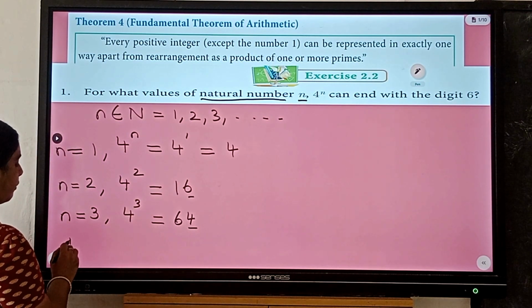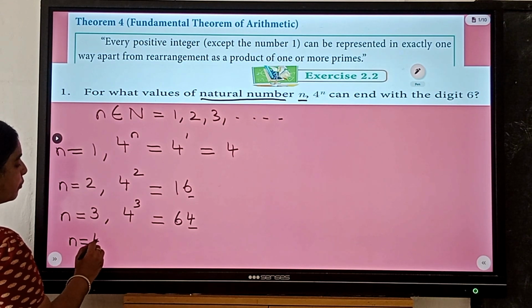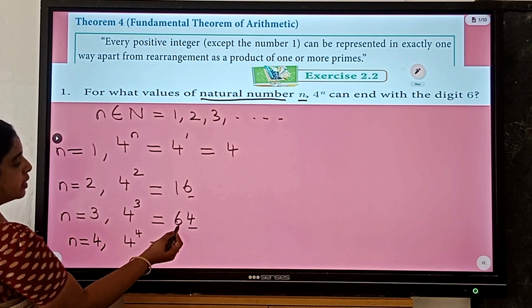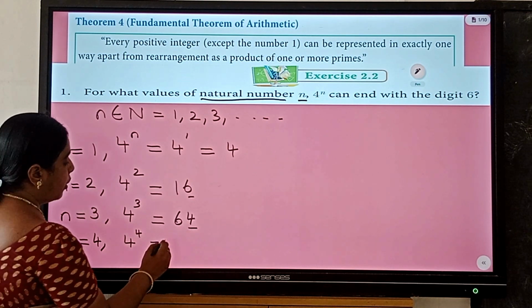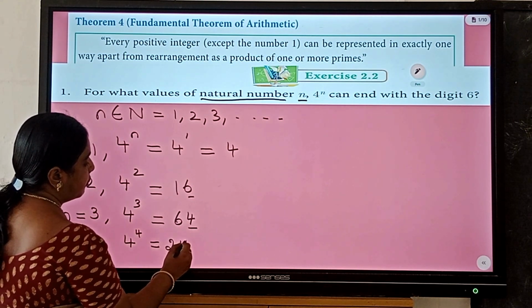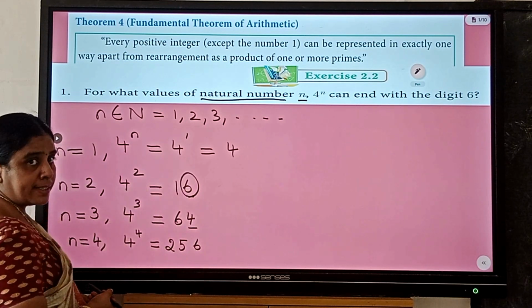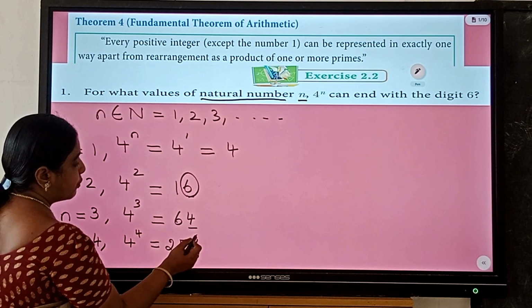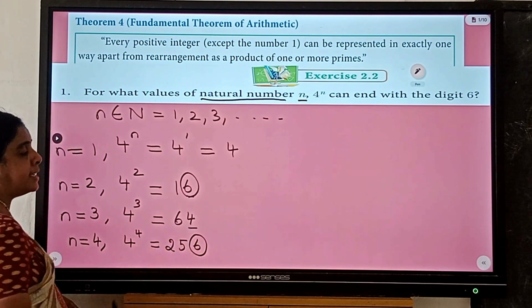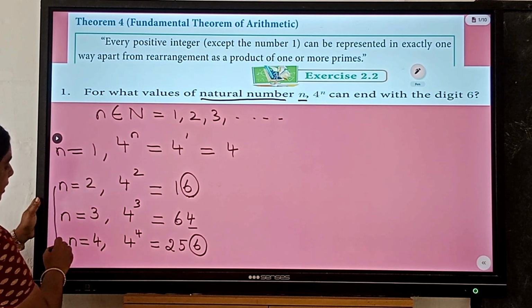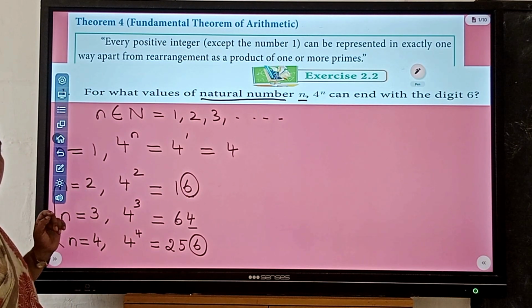Now let me take n equal to 4, that is 4 power 4. 64 into 4 is 256. So 4 square ends with 6, and 4 power 4 also ends with 6. So what is common in n equal to 2 and n equal to 4?